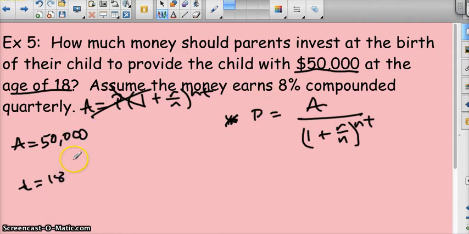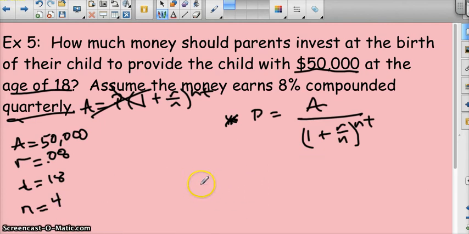Moving on, it's 8%. 8% is 0.08. And now you're looking for your N. How many times is this compounded per year? Well, as we look, it says quarterly. Quarterly indicates the N is 4. And these are all the pieces that we're going to plug in.